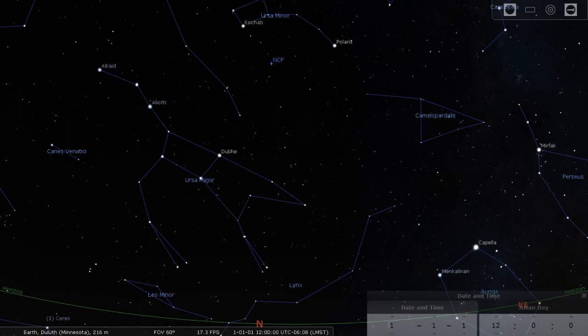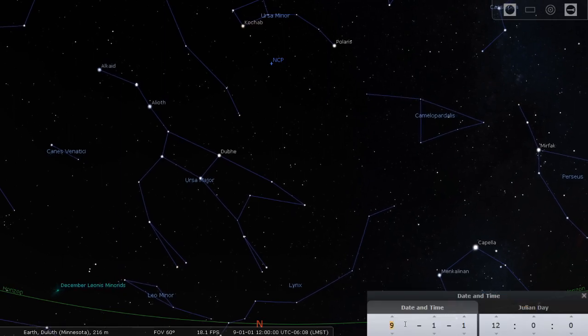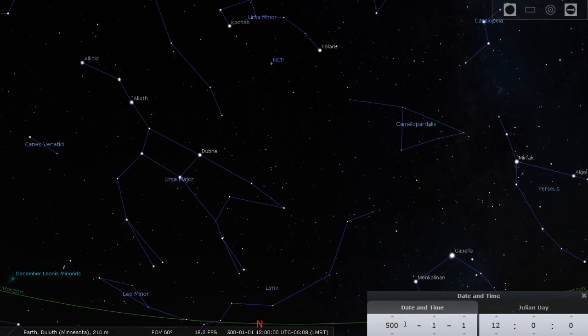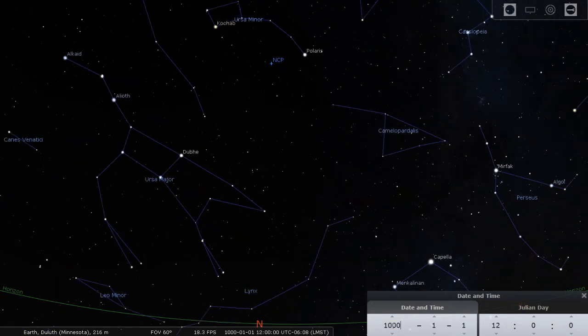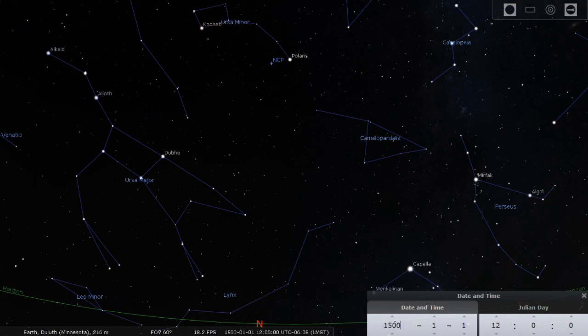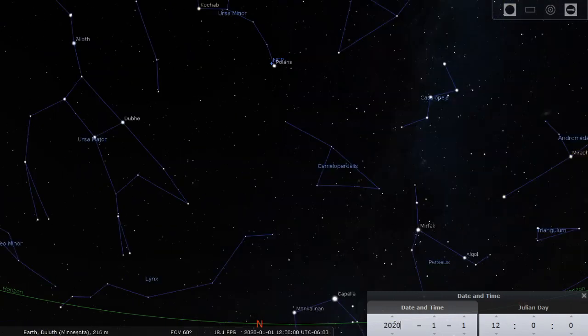And so it happens over the years, and let me jump ahead several years at a time, as the Earth wobbles, and it takes about 26,000 years for each wobble to happen, we point to different places in the sky. And so what used to be where the North Pole was pointed before is now different today.